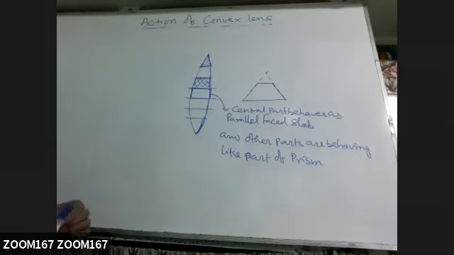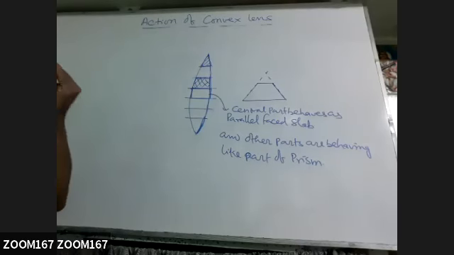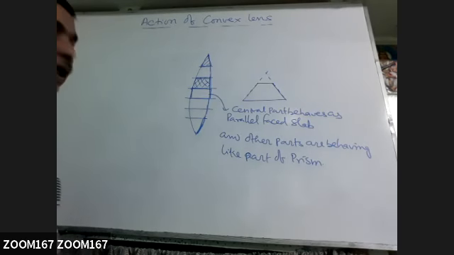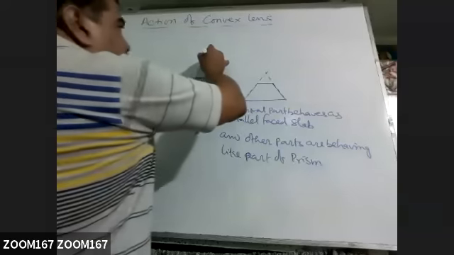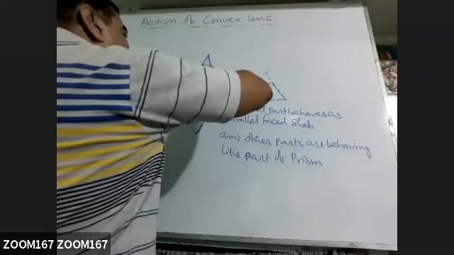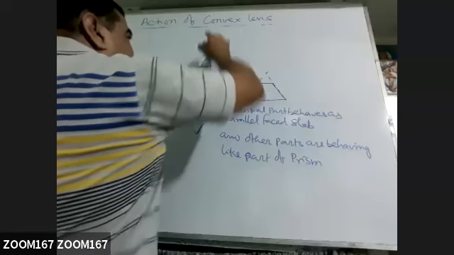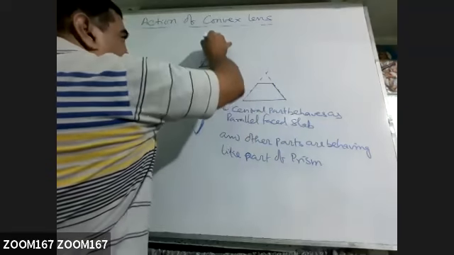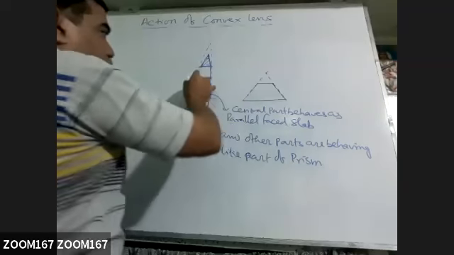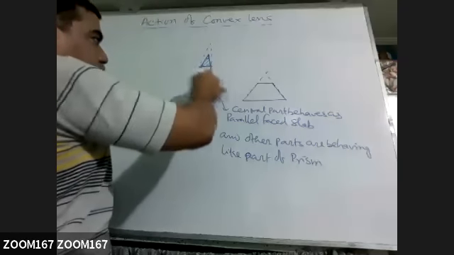Now, what is the difference between this prism and this prism? Are they the part of the same prism? They are not the part of the same prism. For this prism, this is the angle of prism. Now, if you produce these two, this part is the part of this prism.